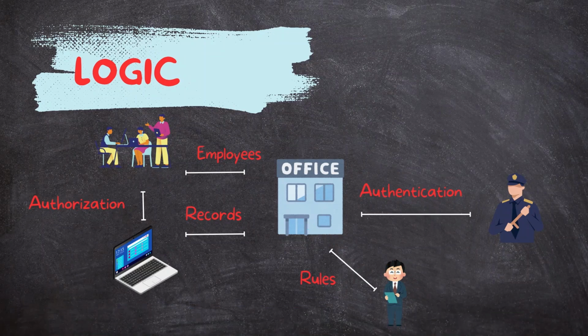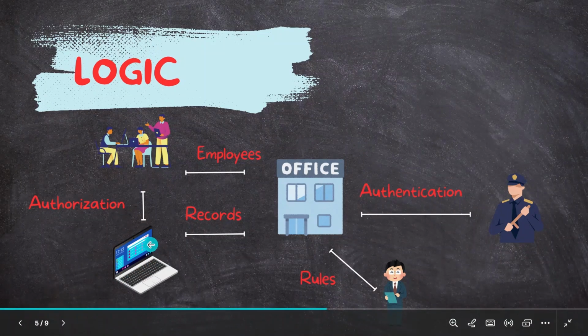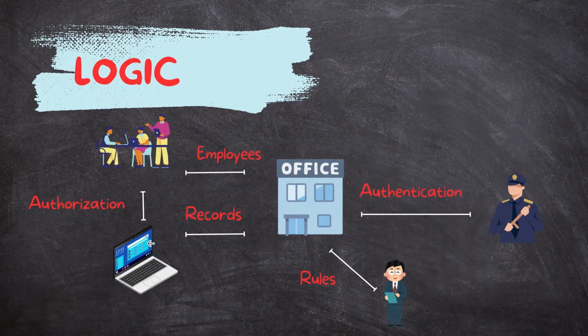Relating this to Active Directory, an Active Directory has objects. Objects in an Active Directory can be a user, a computer in that Active Directory, or a group of users or group of computers. An Active Directory has a database. This database is used to store information about that company.